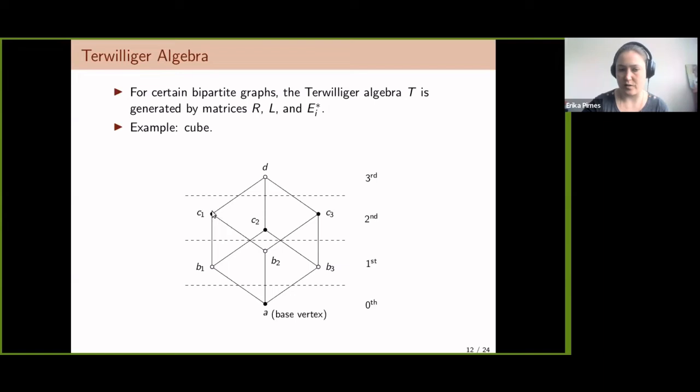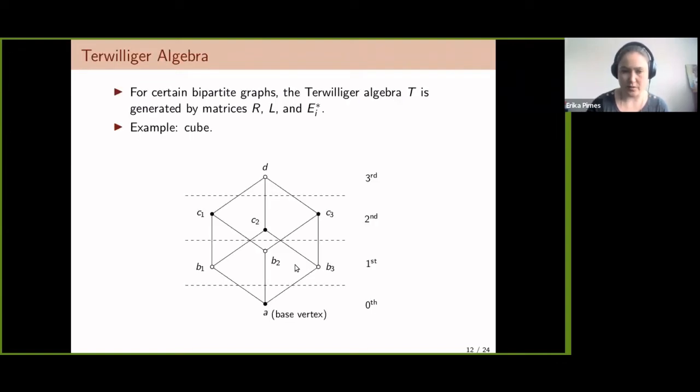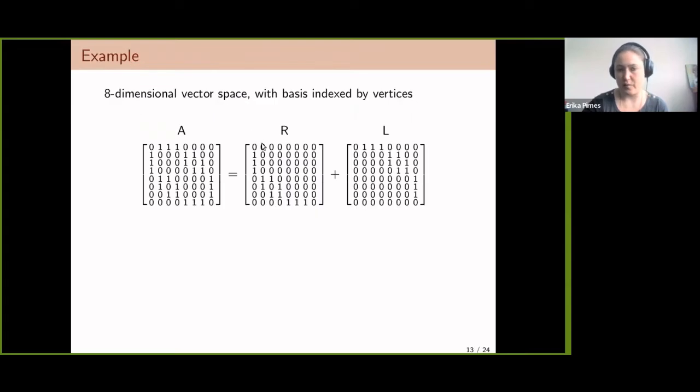So here it would send it to C1 and C2. And now if we look at the raising matrix, this B, which one was I looking at? I was looking at B2. So it would be A, B1, B2, that one.